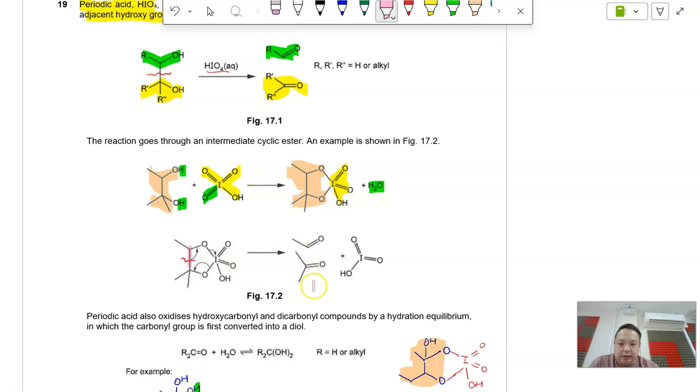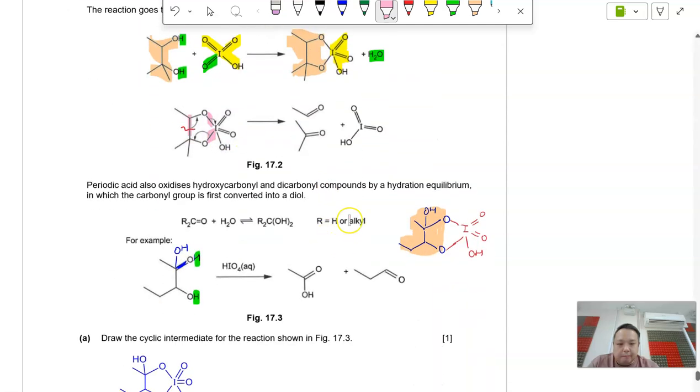Why? Again, because you must come up with two carbonyl compounds. So this iodine-oxygen bond must also break. As a result, the arrow pushing is as such. So we try to repeat this pattern and see if we can get this compound over here.